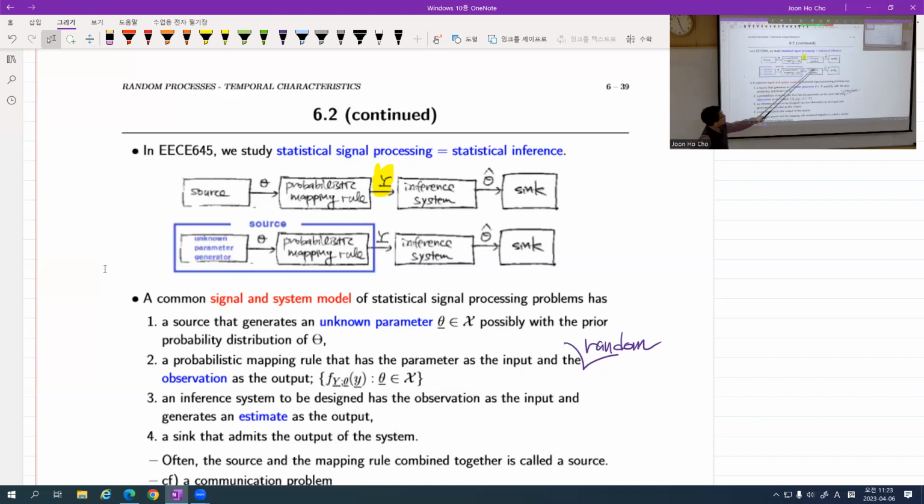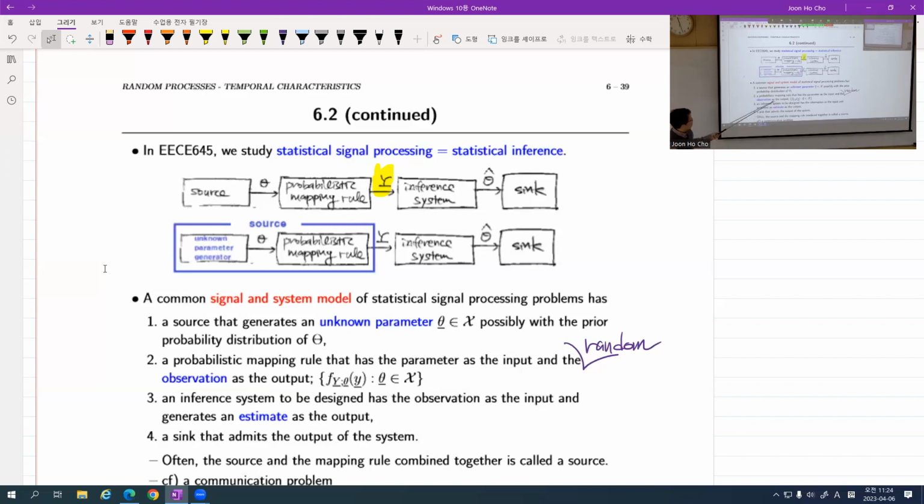And even though I just use theta hat, sometimes the output of the inference system is the interval where the true value resides. Sometimes it is a single parameter having the same unit as this parameter. In that case, we call this a point estimate. So sometimes we generate a point estimate, sometimes we generate an interval estimate.